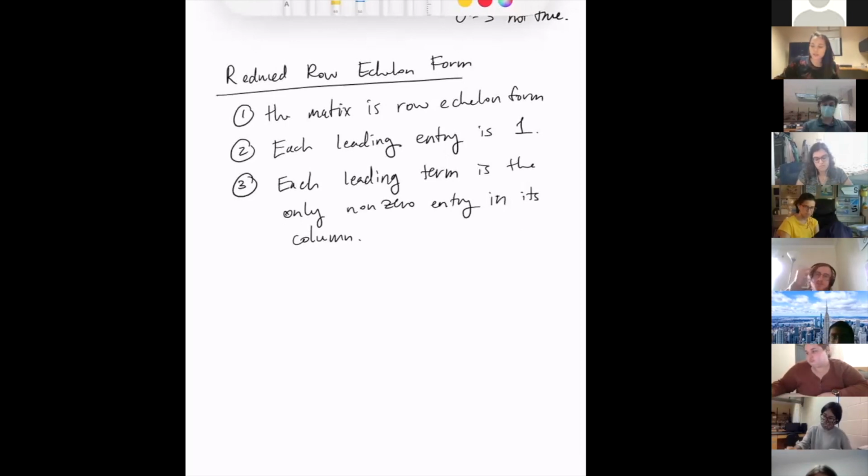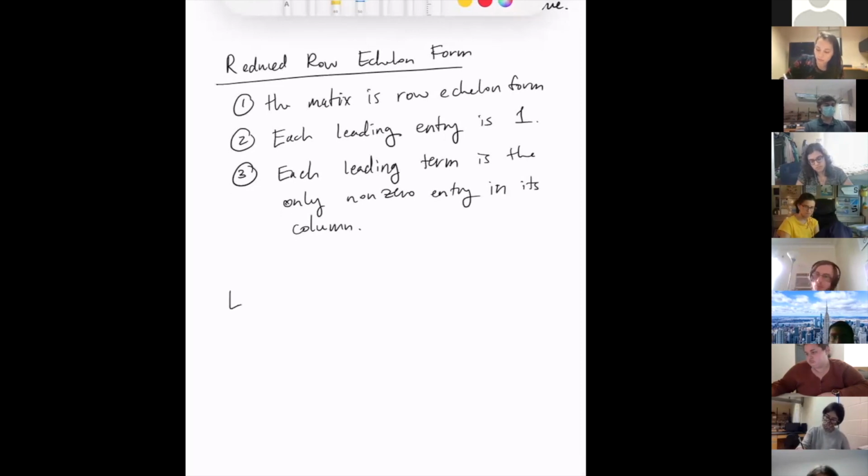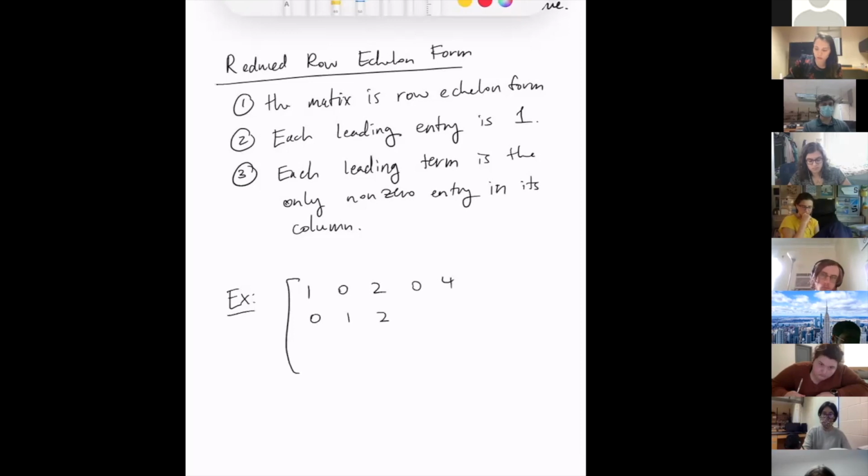Okay, so here is an example of a reduced row echelon matrix. So we should have 1s always as a leading entry. So 0, 1.